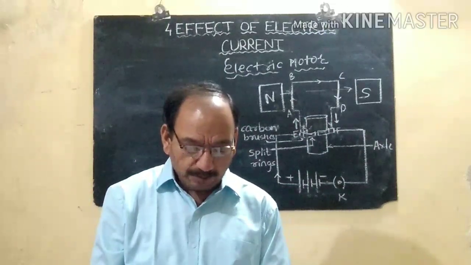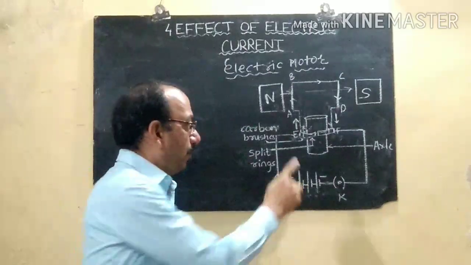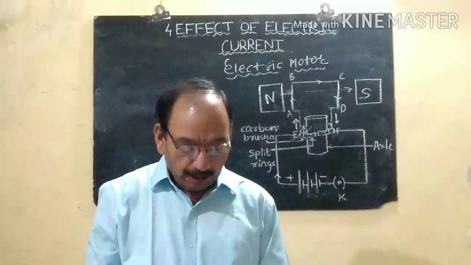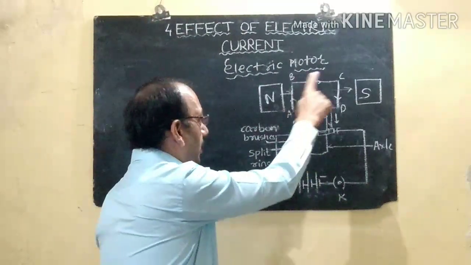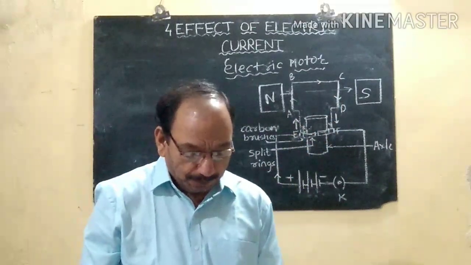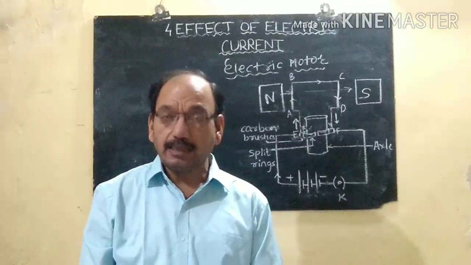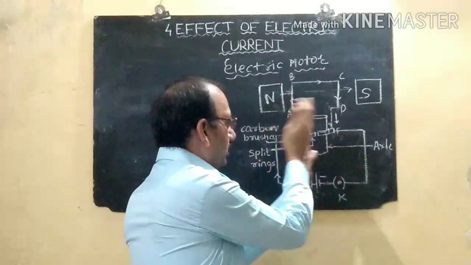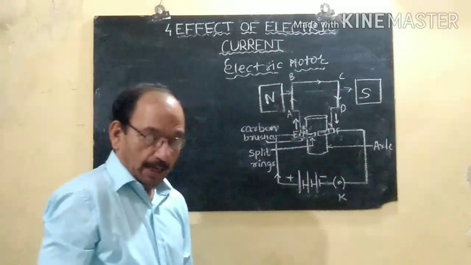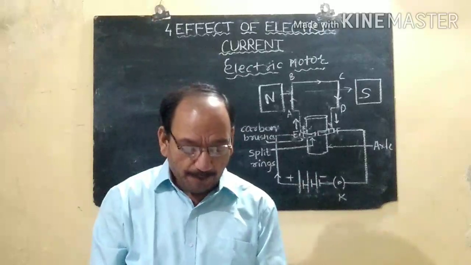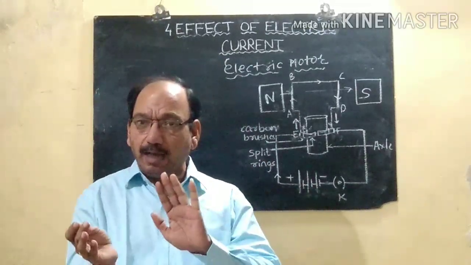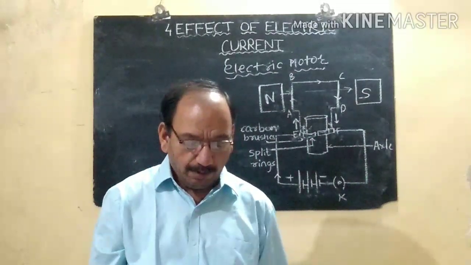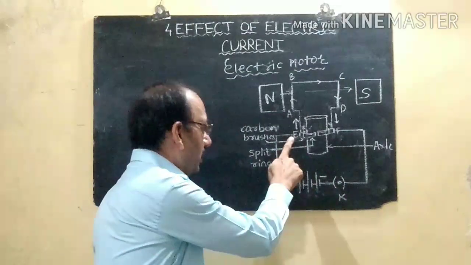Therefore, if you observe from this side, the AD side, the loop ABCD and the axle start rotating in an anti-clockwise direction. After half a rotation, when they complete the half rotation, X and Y come in contact with the brushes E and F.